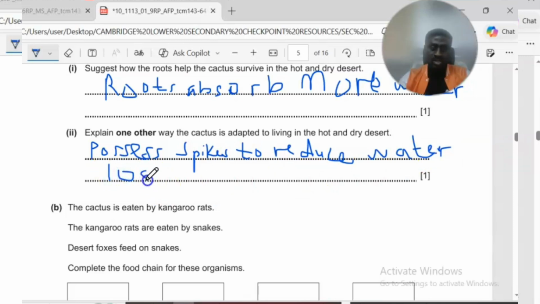Or you can say to reduce loss of water. So the spikes are modified into tiny and pointy ends that do not allow the escape of water through evaporation from the body of the plant.